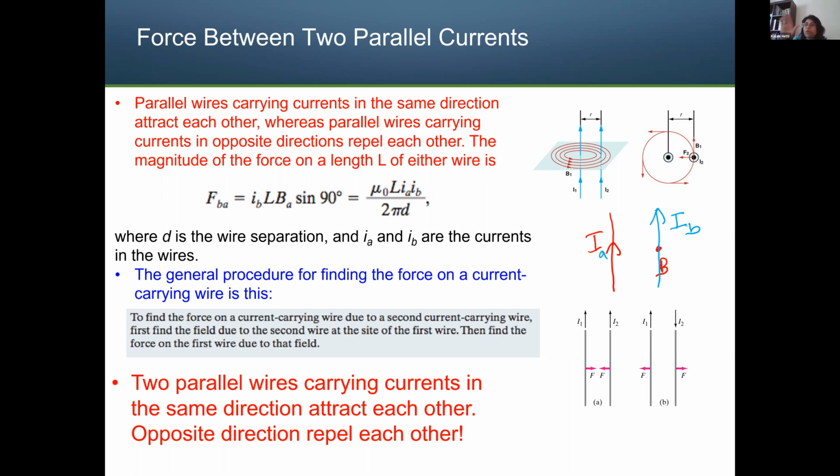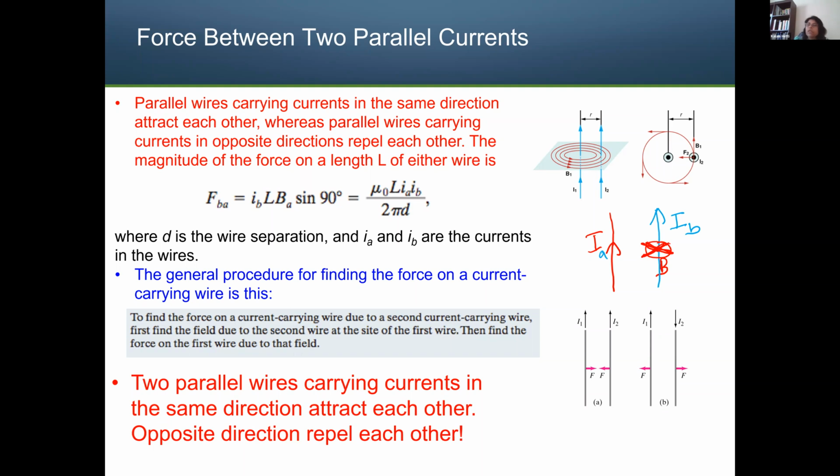What is the rule? You're going to use your right hand rule. Your I will be the thumb and this will be your magnetic field, then the thumb will be open to the force. I did not label the direction of the magnetic field. You know that the direction of the magnetic field on this wire due to the red wire will be inward in this place.